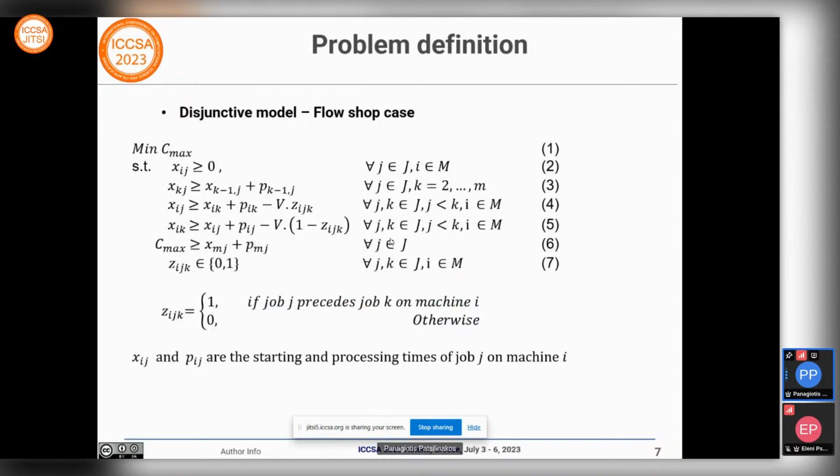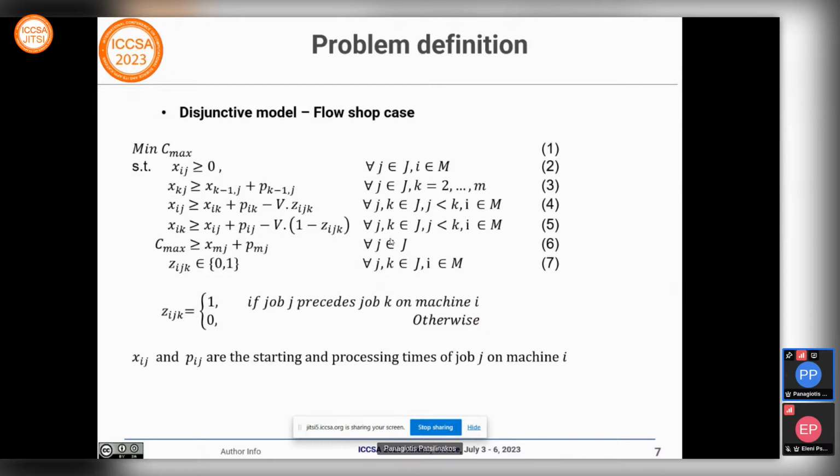So in general, the classical solvers for these optimization problems use linear models like this one. We have to minimize the Cmax, which is the end of the last operation. And then we have the constraints that I was mentioning.